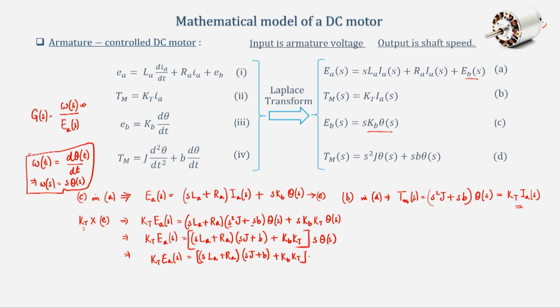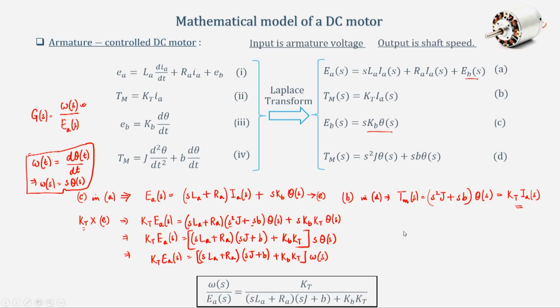So, I use that. So, that means this becomes omega s. So, which means omega s by Ea s comes out to be Kt by (s La plus Ra)(s J plus B) plus Kb Kt. So, this is the transfer function that you were looking for.